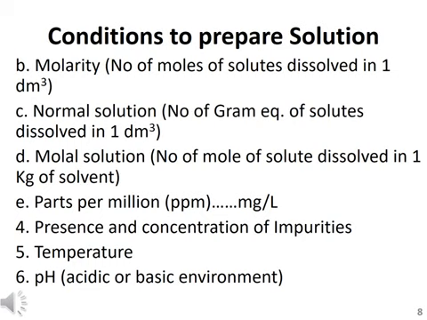So this molarity tells us about the number of moles of solute in exactly 1 dm cube of the solution, and we need two pieces of information to calculate the molarity of a solute. Number one, the moles of the solute present in the solution, and number two, the volume of the solution that contains the solute.